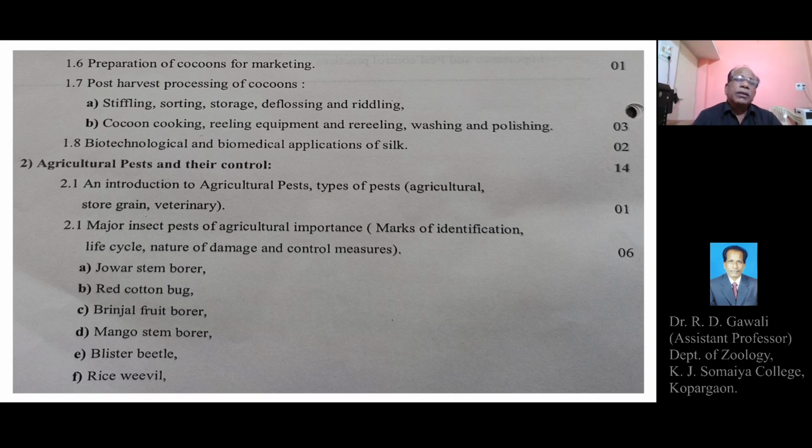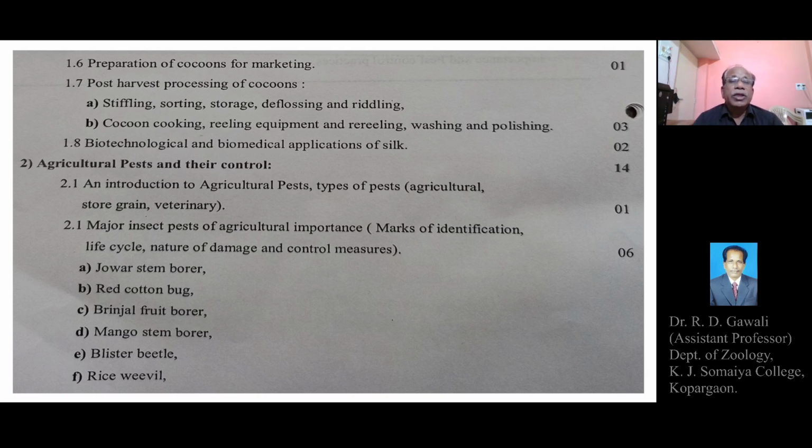There are different types of insect pests which are attacking a variety of crops and causing loss or damage and reducing the yield of agricultural production.